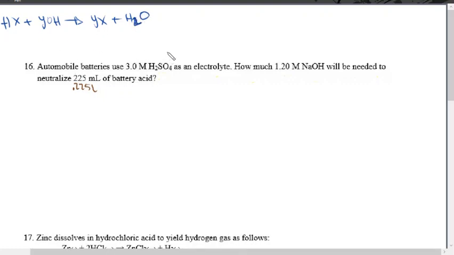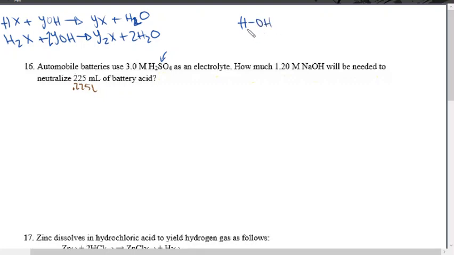Diprotic acids, like this guy right here, will have the general reaction H2X plus 2YOH will give you Y2X plus 2H2O. Now, remember, if you do get stuck, can't remember this, just remember to write H2O as HOH.